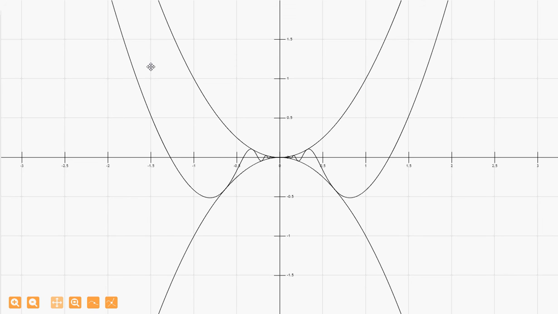You can see that for all values of x belonging to, let us say, a minus r to a plus r, which is nothing but minus 1 to 1, f of x is less than g of x and g of x is less than h of x.